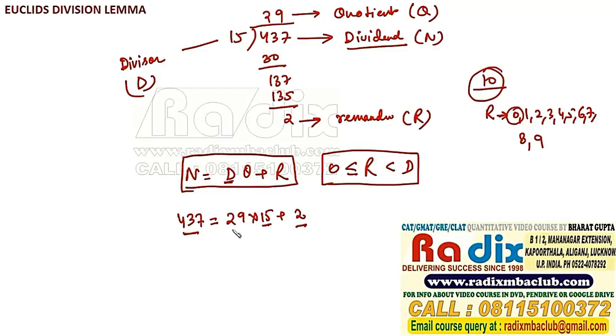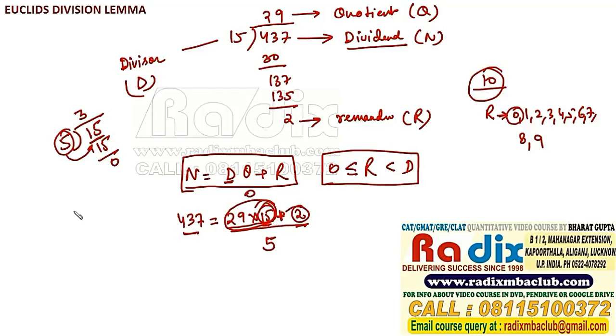And if we divide this number by 5, one more important part: 15, 5 3s are 15, remainder is 0. So if we divide a number by any divisor and that number contains a multiple of it, the remainder is always 0. So if we divide this number by 5, this 15 is divisible by 5, so this will give us remainder 0, and finally we have remainder 2, right?